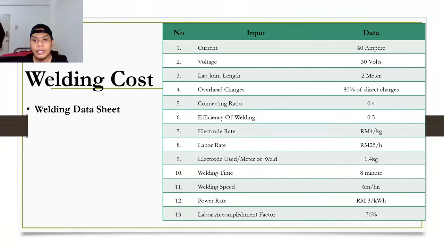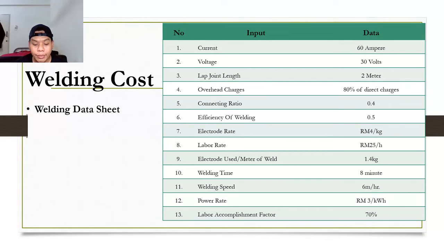Seventh, electrode rate is RM 4 per kilo. And eighth, labor rate is RM 25 per hour. Next, ninth, electrode use per meter of weld is about 1.4 kilograms, and tenth, welding time is about 8 minutes.